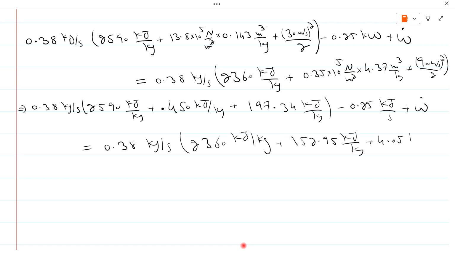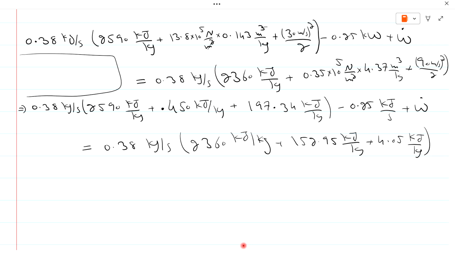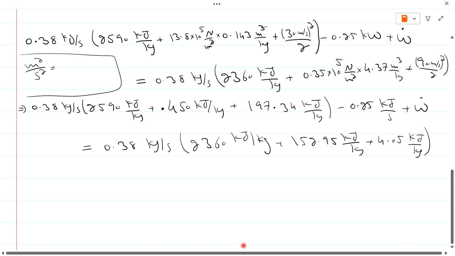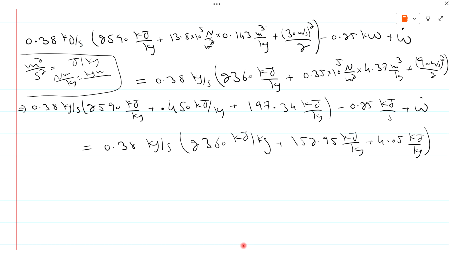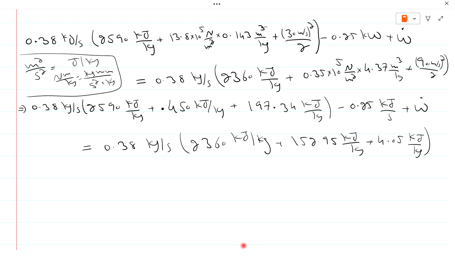Meter square per second square is equal to joule per kg, because joule is equal to Newton meter per kg. Newton is equal to kilogram meter per square second, so kilogram will cancel with kilogram, and this will be equal to meter square per square second.